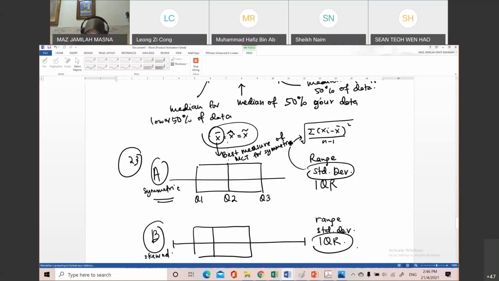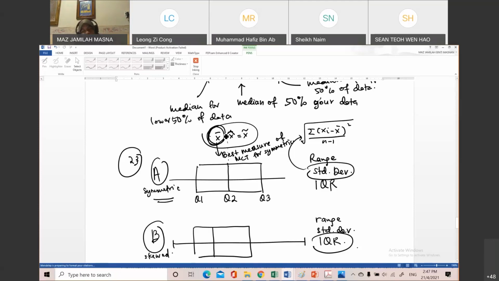Because we know the location is in the middle, and when we calculate the mean, we take into account every single data in your data set without miss. So everything is calculated, so it is more precise compared to median and mode. So that's why for MCT, for symmetric distribution, we will choose X bar.